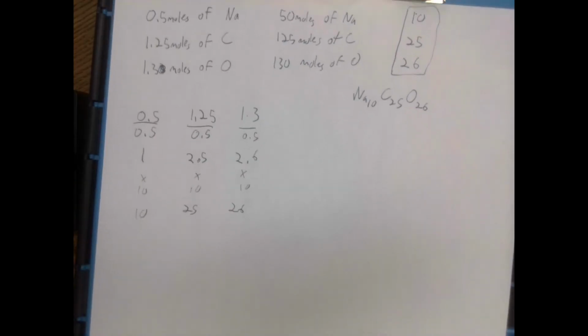So let's do another example, one that's easier. Let's suppose we have 2 moles of carbon and 6 moles of hydrogen. What would be the empirical formula for this?